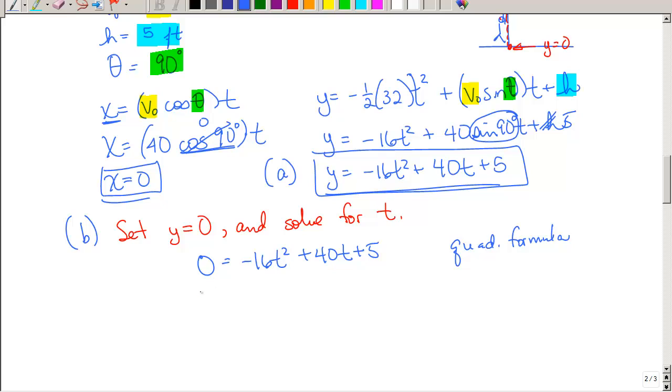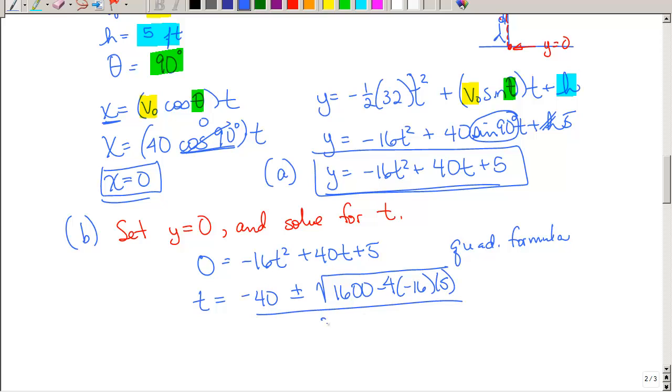So this time we're going to be solving for t equals negative b plus or minus the square root of b squared minus 4ac, all over 2a. Might want to check my arithmetic here.